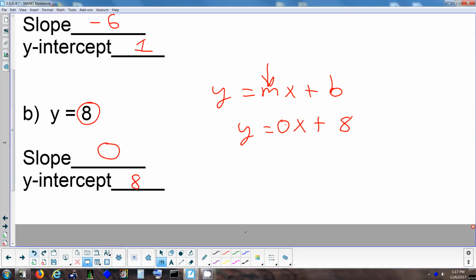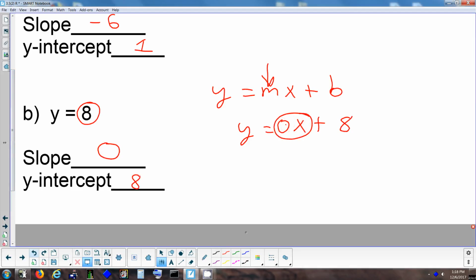Unless it says x in front of it, but then that's not a special case. So when you just have y equals a number, that's a horizontal line, and the slope is 0. It's just one variable because the mx part is gone.